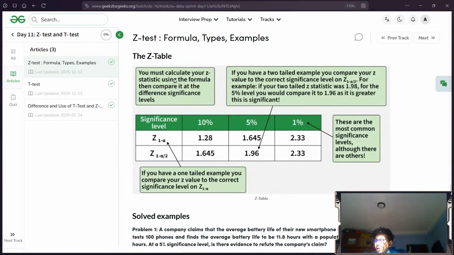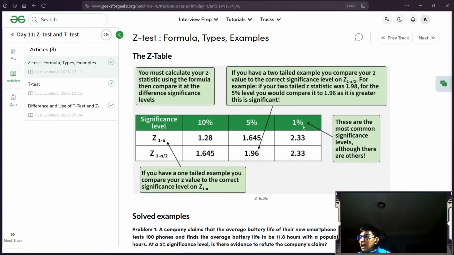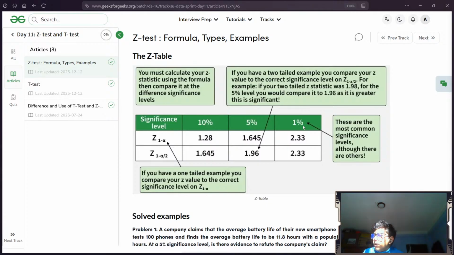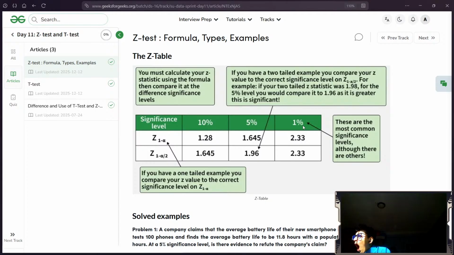Here is the Z table. There are some important significance levels: 5, 10, and 1. Most of the time they are used. 5% is most common, and you must calculate your Z statistic using the formula, then compare it at the different significance levels. If you have a two-tailed example, you compare your Z value to the correct significance level on Z of 1 minus alpha by 2.